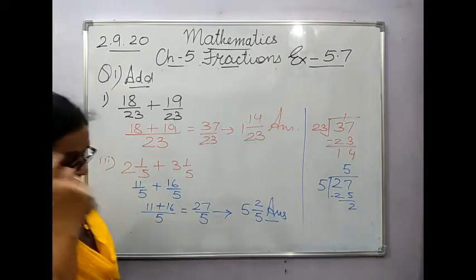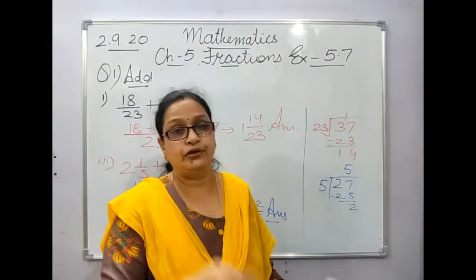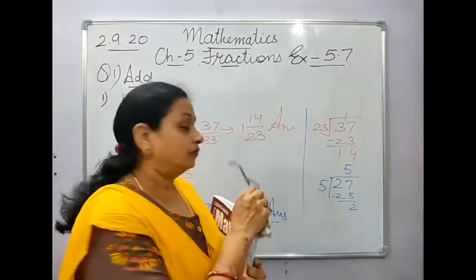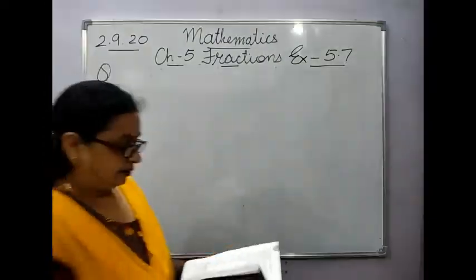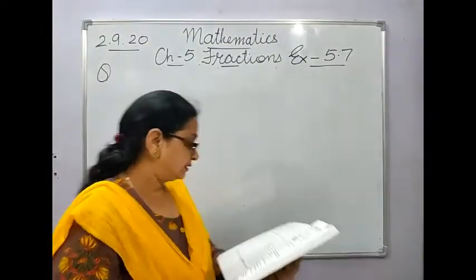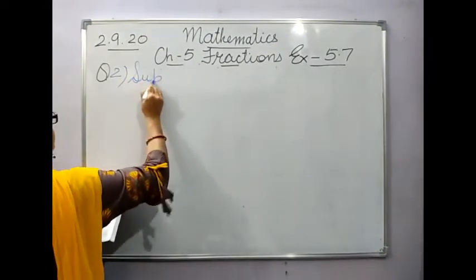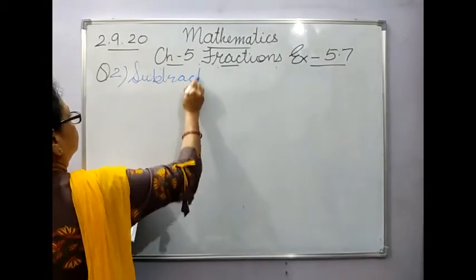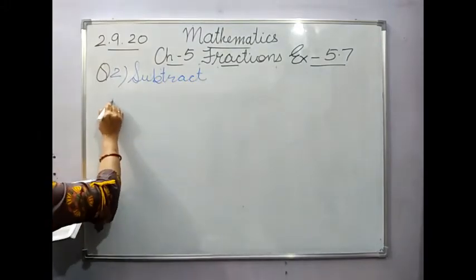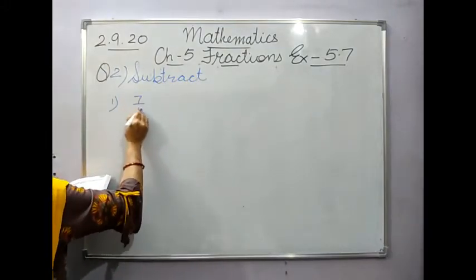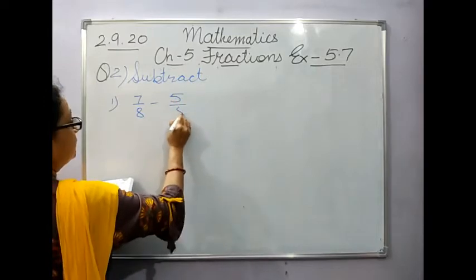Remaining sums, that is sum number 2 and 4, you will be doing in your copy along with these. Now comes subtract. It is question number 2. Subtract. First sum 7 upon 8 minus 5 upon 8.